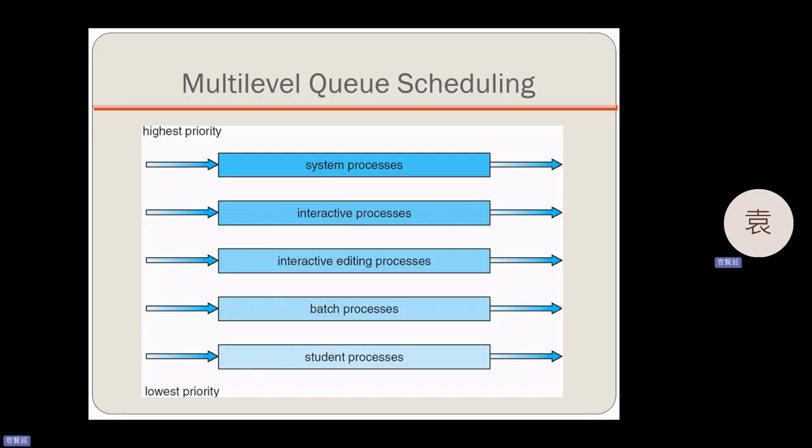Then how do we distinguish whether it is an interactive process, an interactive editing process, or a batch process, to classify this process into the proper queue? If we did not classify it right, then the overall system throughput or the response to that particular task may become not user friendly. The user may be not satisfied.